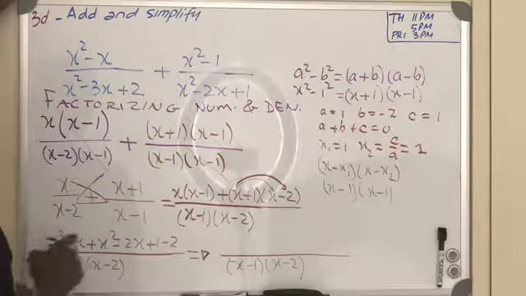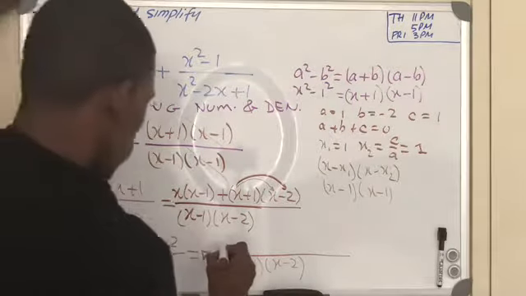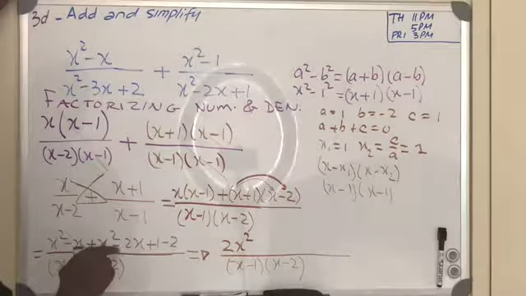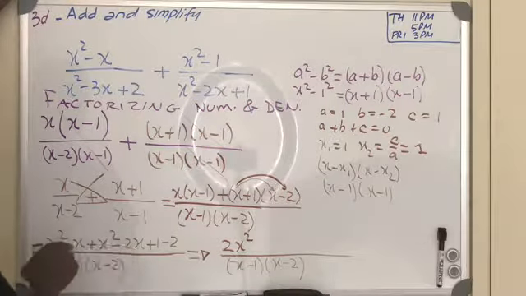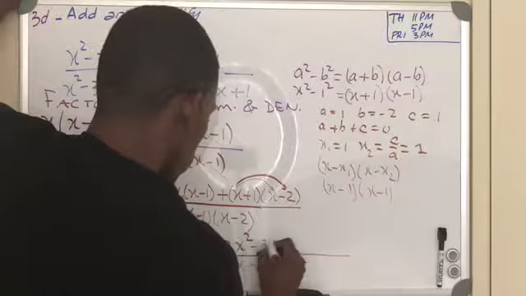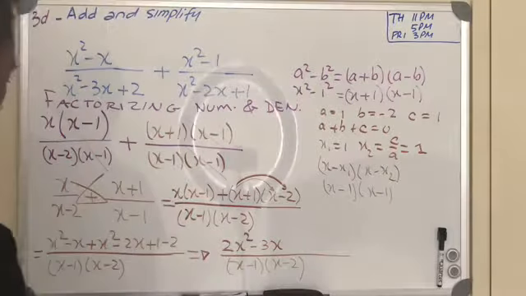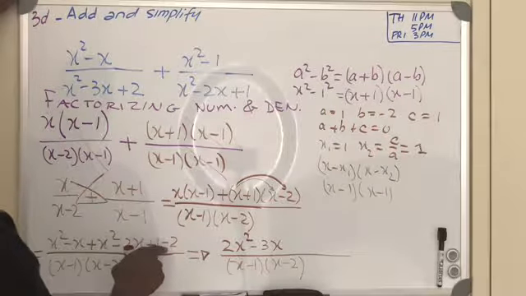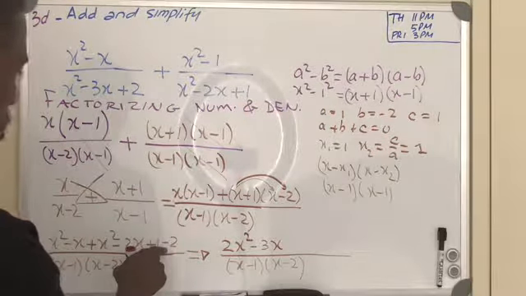I have x squared here, that's going to give me 2x squared. Minus 2x minus x, that's going to give me minus 3x. Plus 1 minus 2. Did I do this one right?